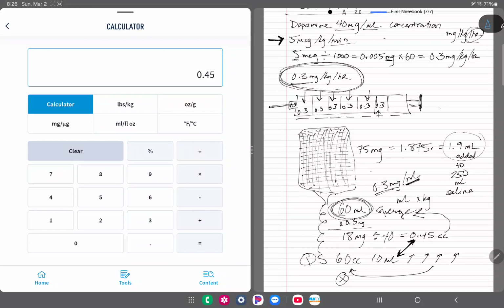Again, I am a 14.2 kg chubby pug, and I'm going to run my syringe at 14.2 mil per hour of dopamine. And then I will be at 0.3 mg per kg per hour, which is the same as 5 mic per kg per minute. And then I can titrate that up, down, wherever I need to maintain my blood pressure.